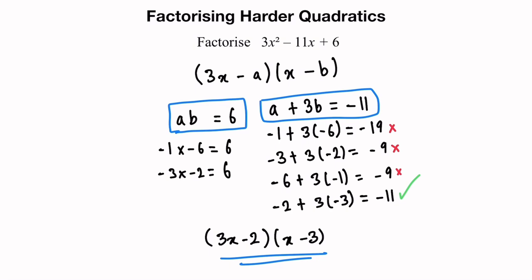So now you might be thinking, this is such a long process for like 2-3 marks. How am I going to do this in the exam? The thing with these questions is it gets much easier to spot what multiples to use, what a and b can be. It just takes a lot of practice. So what I suggest is in these next few weeks before your first maths exam, just do tons of these practice questions and practice papers.